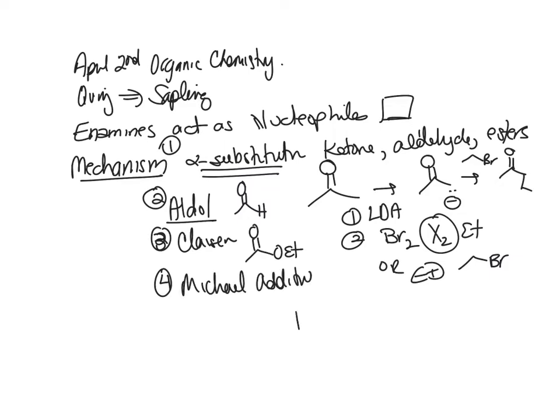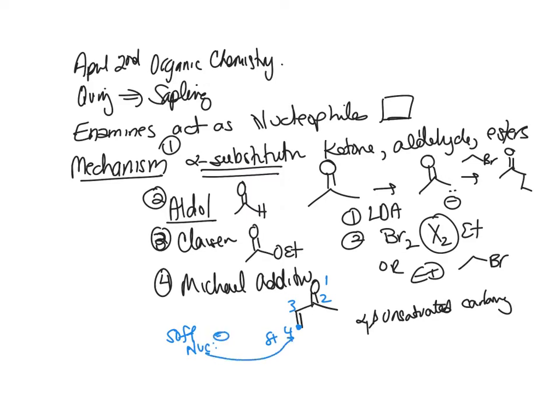A Michael addition would look something like this, where you have an alpha beta unsaturated carbonyl. Here's your 1, 2, 3, 4, and this 4 is delta positive, and soft nucleophiles will attack the 4 position and add to that carbon.